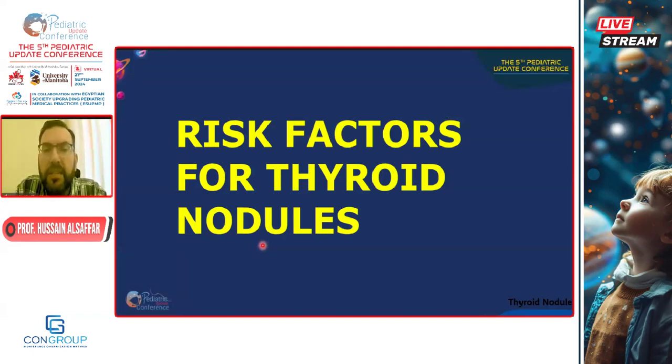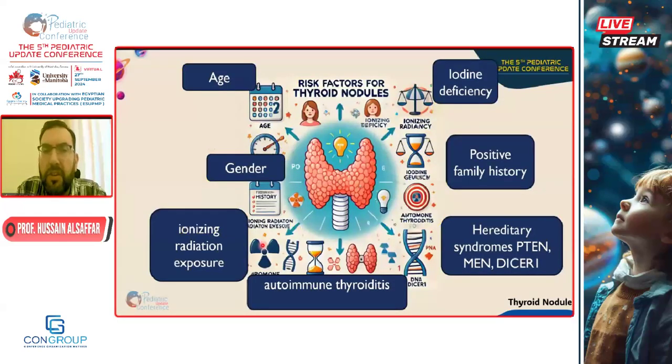Now, risk factors for thyroid nodules. Which patients would have a high risk of thyroid nodules? As we mentioned, age is one of them. As the child is progressing and growing, there is an increasing risk of developing thyroid nodules. Gender, as we mentioned, is higher in females than males. Exposure to ionizing radiation increases the risk of developing thyroid nodules in children.